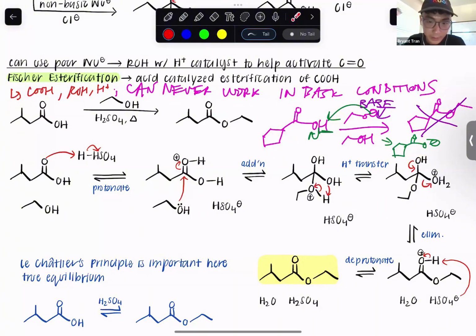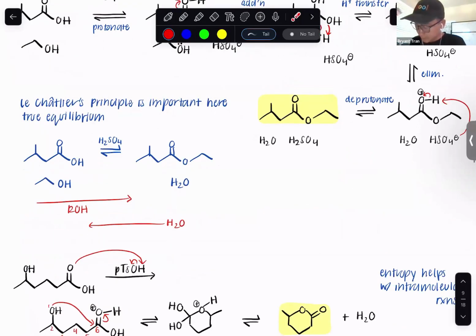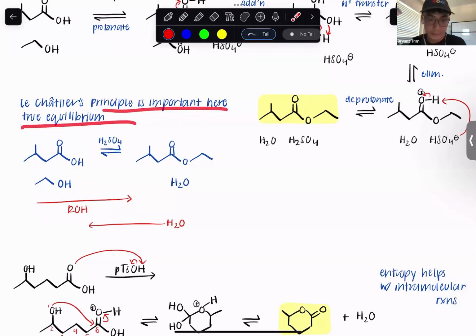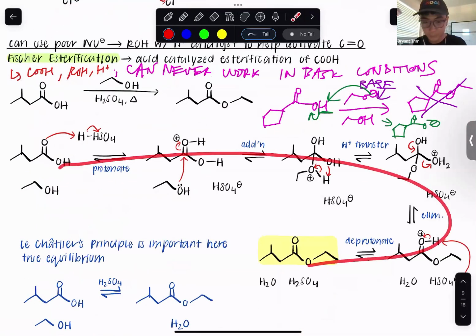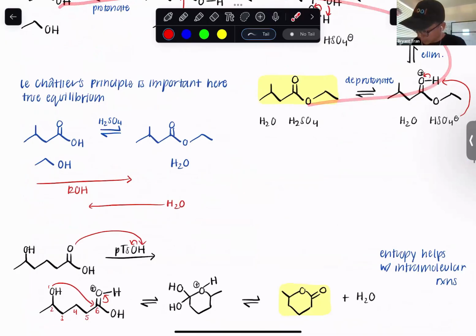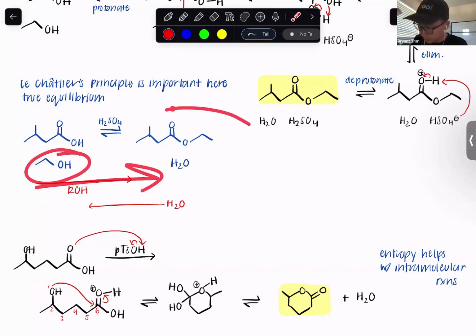Okay. Now, Le Chatelier's principle is important here. This is important for vocab, right? Because all of these reactions here are reversible. The catalyst is acid, right? Because if you increase the amount of alcohol concentration, you're going to go towards the ester side.